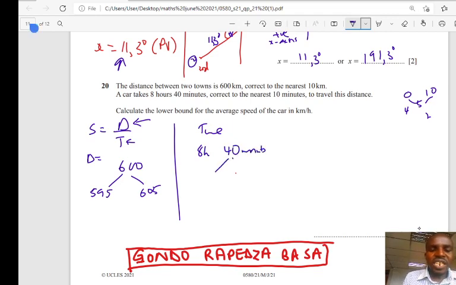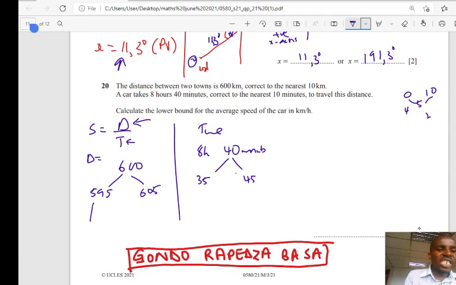So this 40 minutes, you add 5 and you subtract 5. It was 35 here, or it can be 45. So it can be 8 hours 35 minutes or 8 hours 45 minutes. Distance 595 or 605.